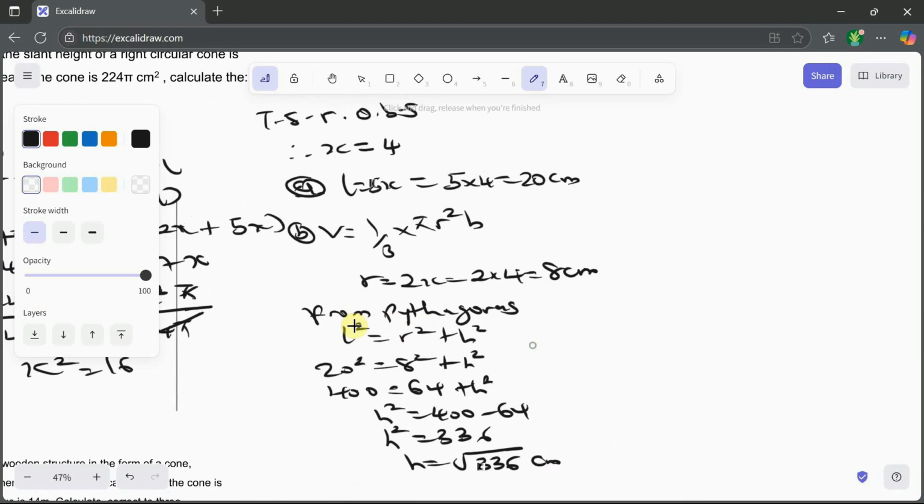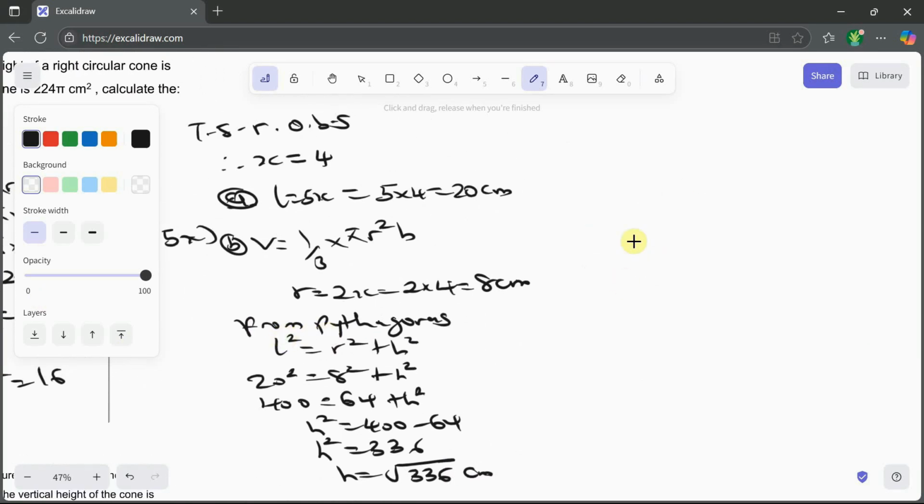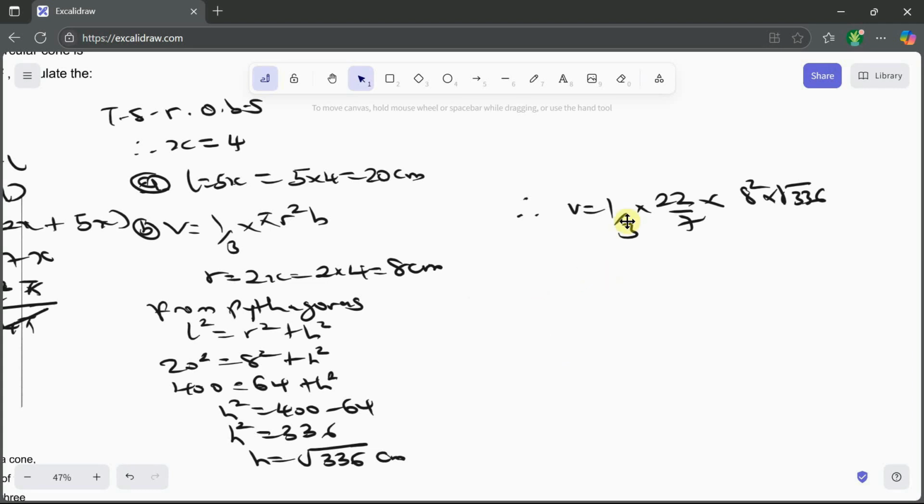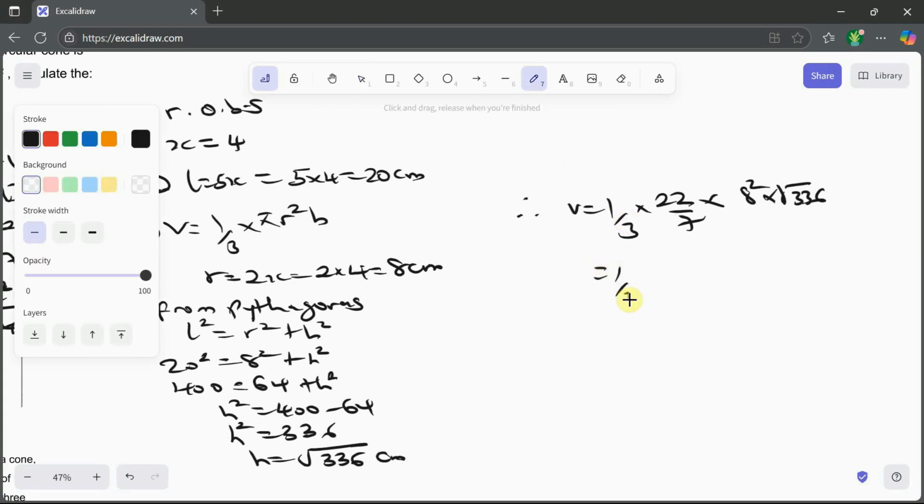So we know our r, we know our h. We can find our volume by saying therefore v is equal to 1 over 3 times 22 over 7 times r, which is 8 squared, times square root of 336. So let's simplify this. This is equal to 1 over 3 times 22 over 7 times 64 times square root of 336.